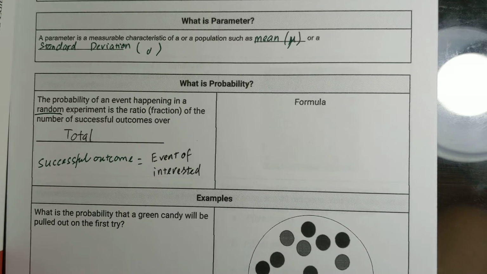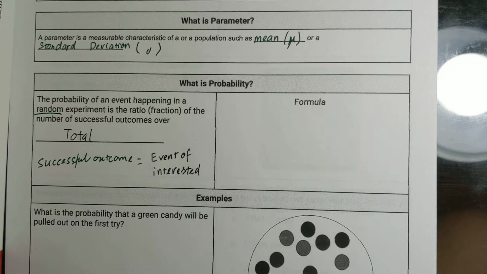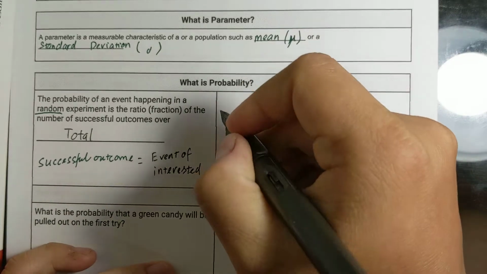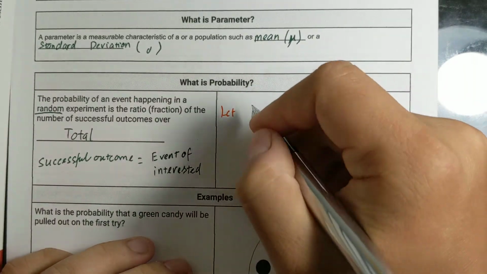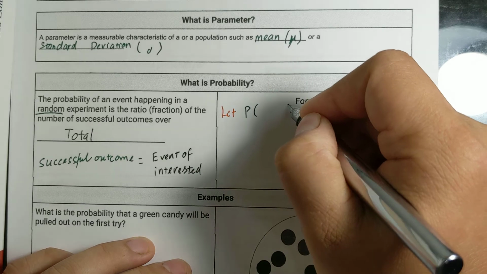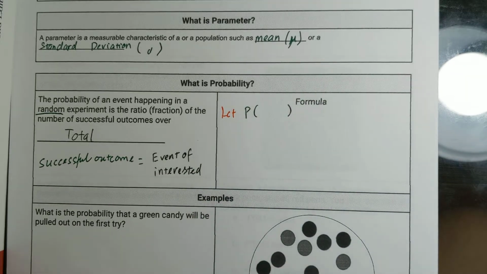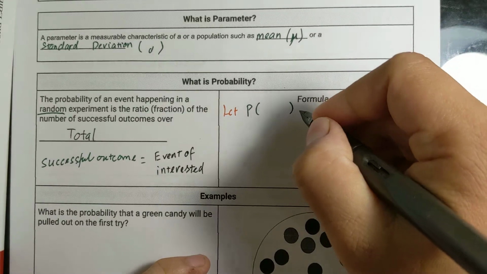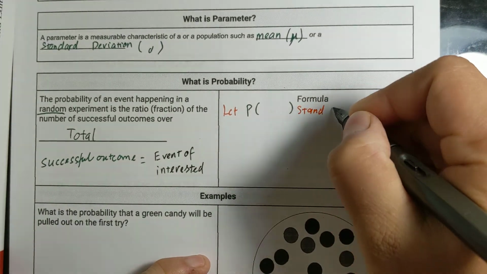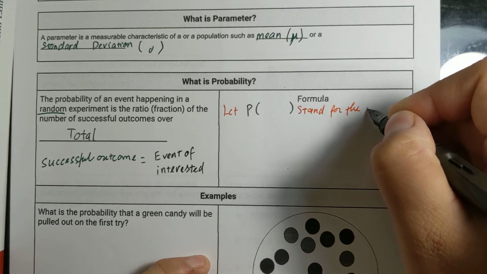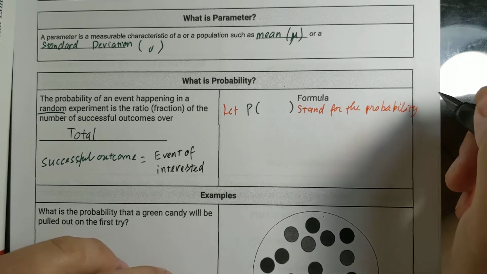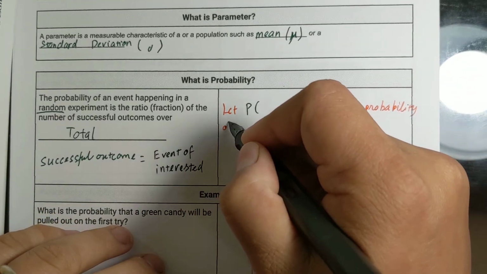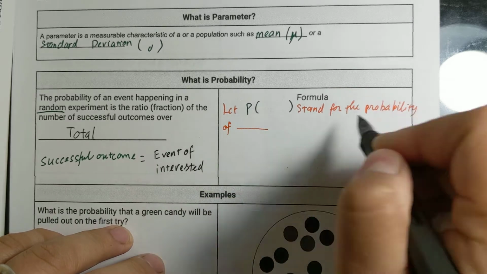Vice versa would lead us to the formula here. Let P, with parentheses and your event inside, stand for the probability of whatever you're interested in.